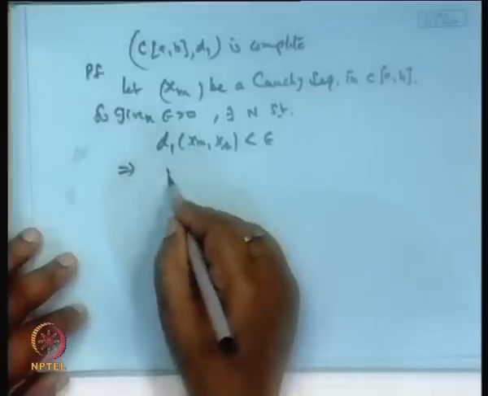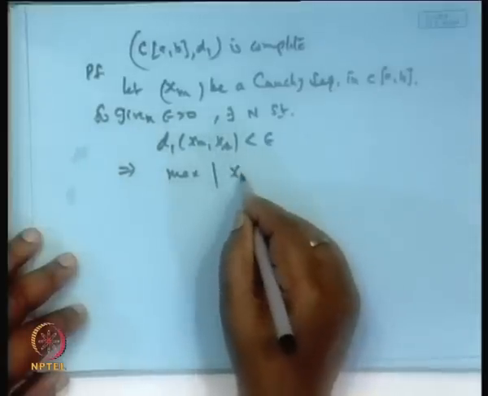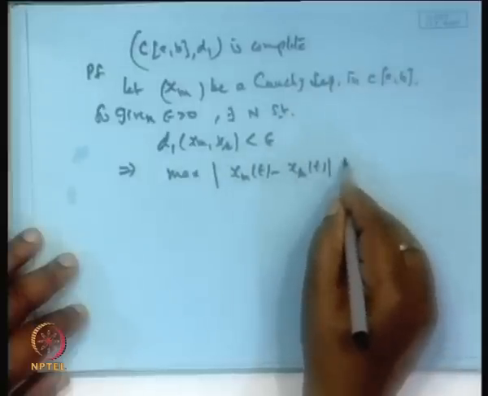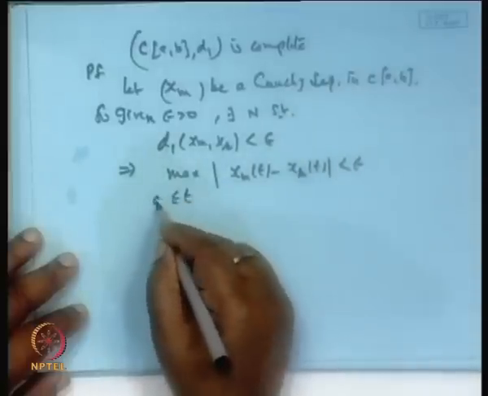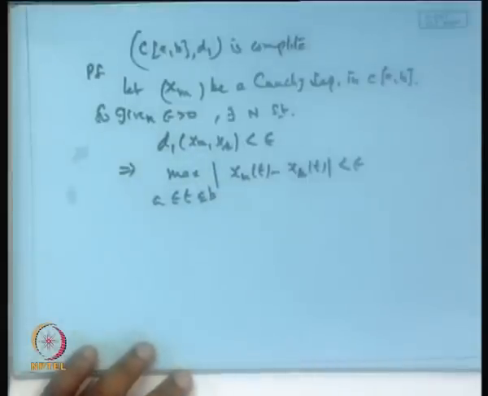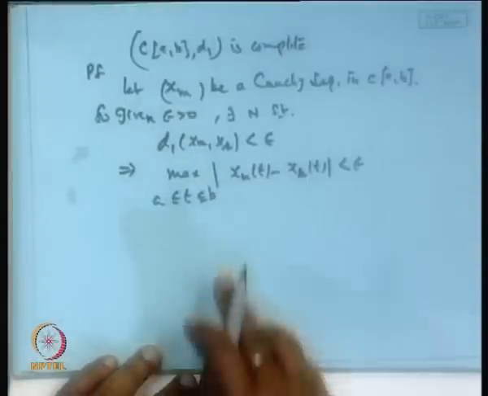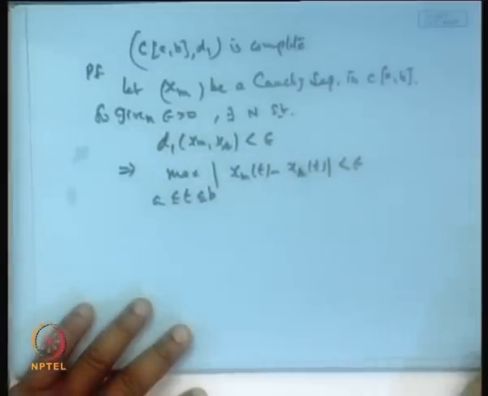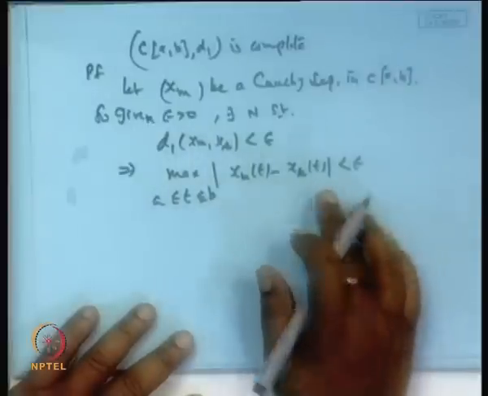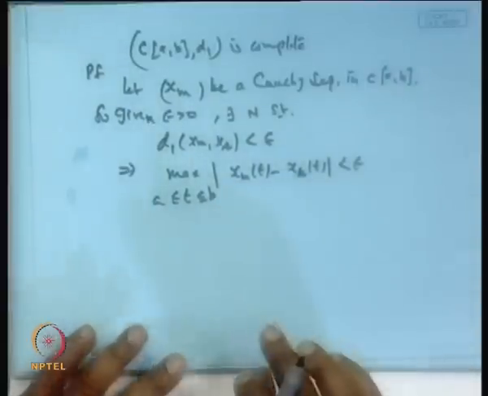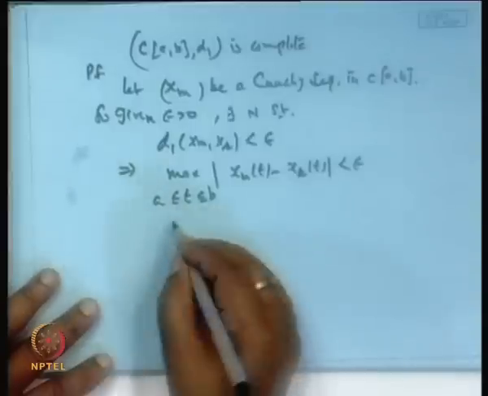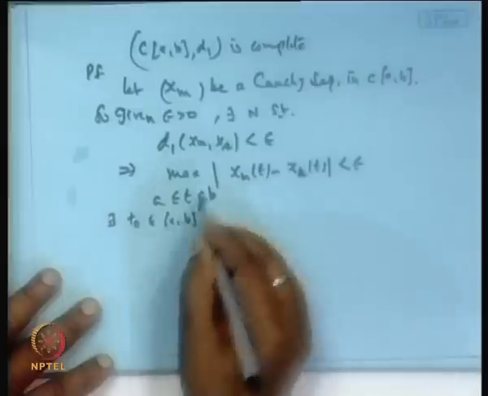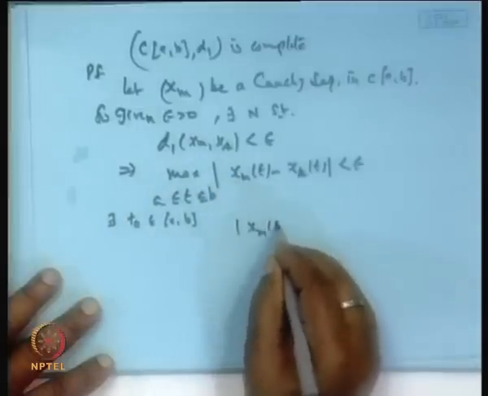But by definition this is the maximum of |x_m(t) - x_r(t)| less than epsilon, where t varies from a to b. Since functions x_m and x_r are both continuous, the difference remains continuous, so the maximum value is attained. So, there exists a t naught in the interval [a,b] where the maximum value will be attained.